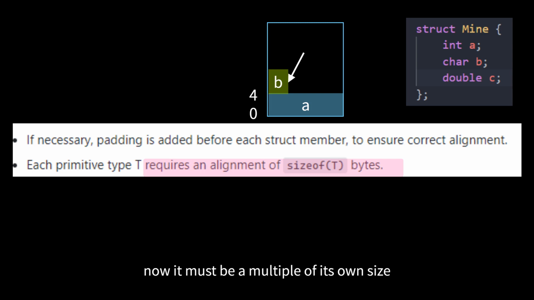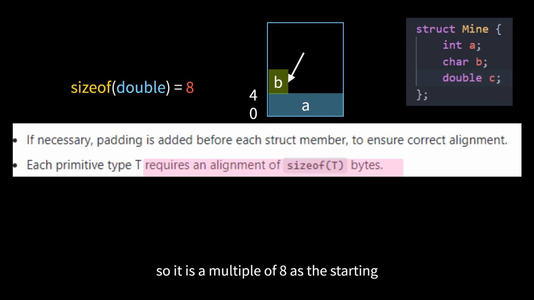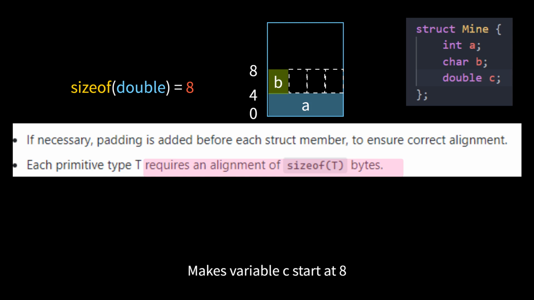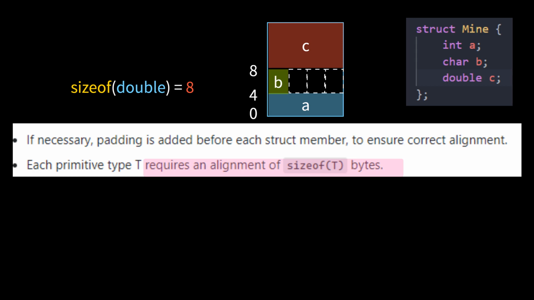However, now it must be a multiple of its own size. Double is 8 bytes, so the starting offset must be a multiple of 8. So it must be greater than 5 but a multiple of 8. The minimum is 8. So 3 useless bytes are filled after B, which makes variable C start at 8.